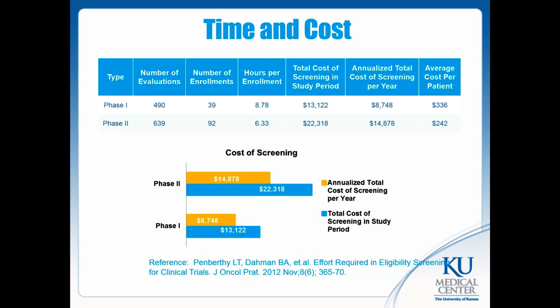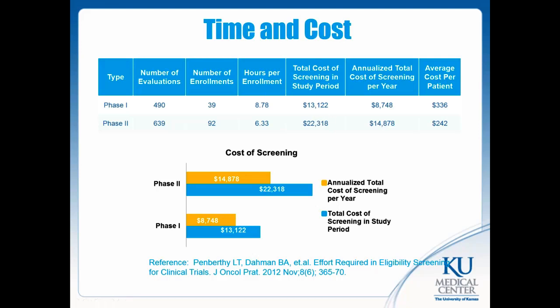If we enroll a patient we know is not qualified, that would be a protocol deviation or violation. So to get someone who fits the criteria, we had to go through 490 participants for this phase one trial, and we were able to recruit only 39 of those 490. So approximately 451 are all screen failures, and the amount that we are spending is too high.